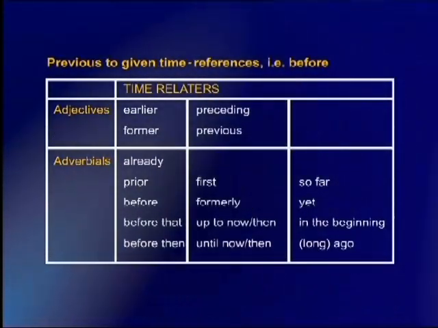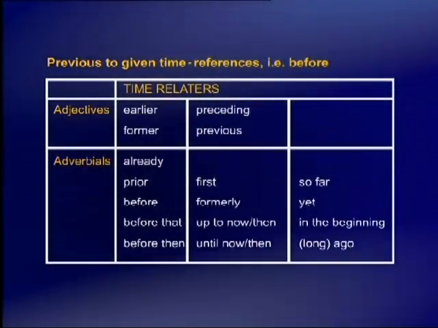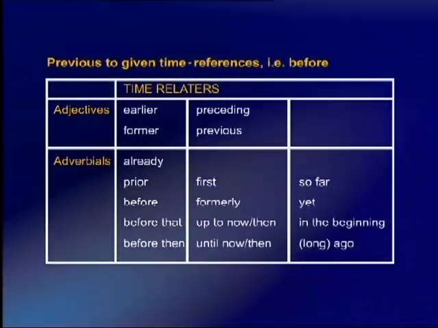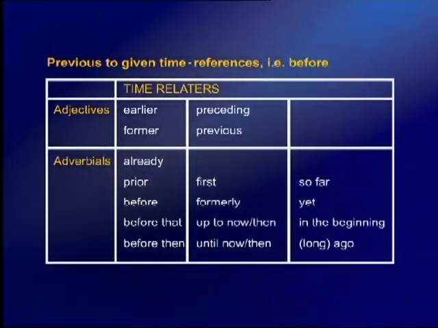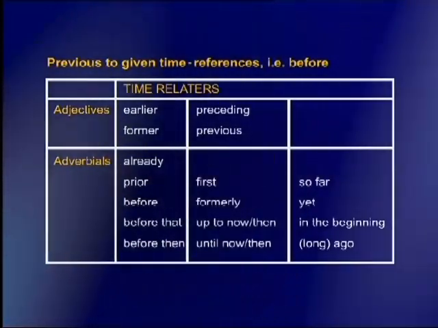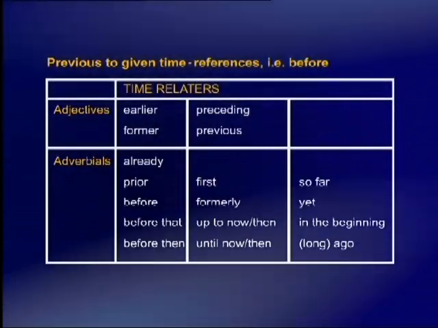When you come across such words, you will know at once that there is some reference being made to things that have taken place before what you are reading. The occurrence of words like earlier, preceding, former, previous will give you the signal that it is referring to events that took place before the event that you are reading about.